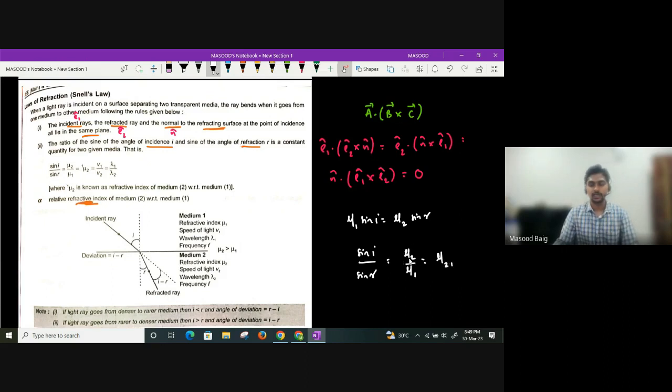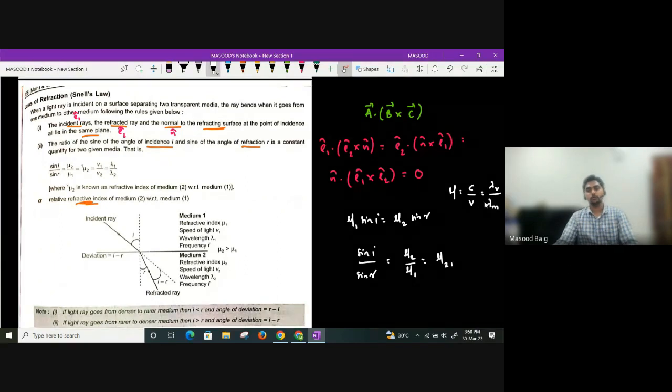Refractive index of second medium with respect to first medium, and in general, the refractive index of any medium will be given as C divided by V, or it can also be given as lambda in vacuum to lambda in medium. So refractive index is generally inversely proportional to the wavelength, guys.